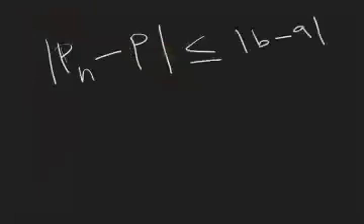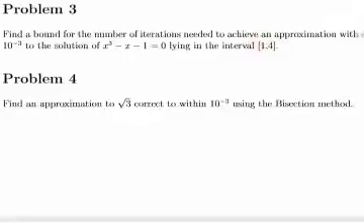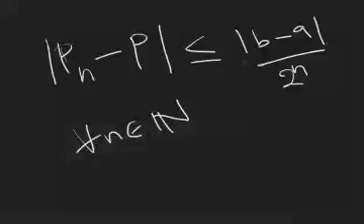So we know that the distance between any midpoint and the exact root, the modulus of this distance, is less than or equal to the length of the interval divided by 2 to the n, right? This is true for any n. This time our interval is [1, 4], a closed interval.